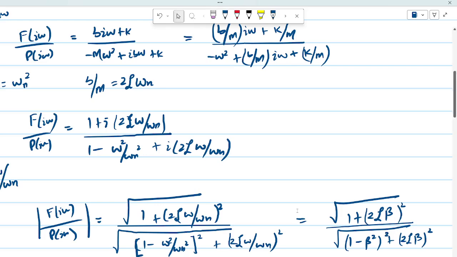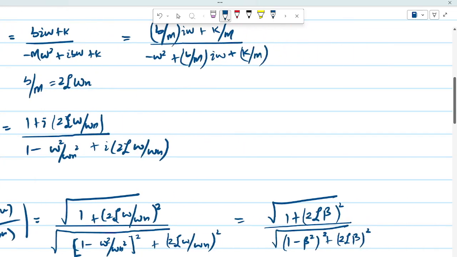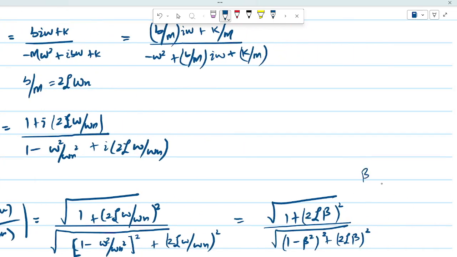So in a lot of your mechanical vibration books, you will find the curves between the damping ratio and the transmissibility. So that's equal to transmissibility, and it's equal to amplitude of transmitted force divided by amplitude of excitation force. So you know it totally depends on the damping ratio and the frequency ratio.